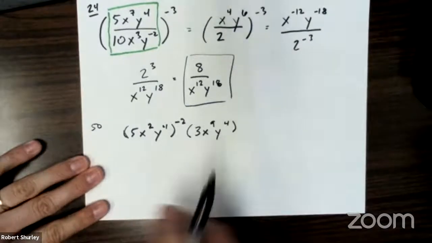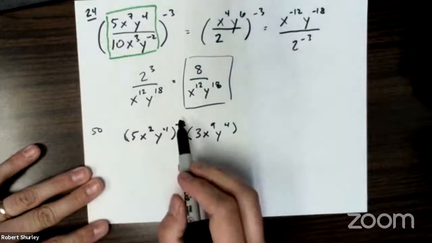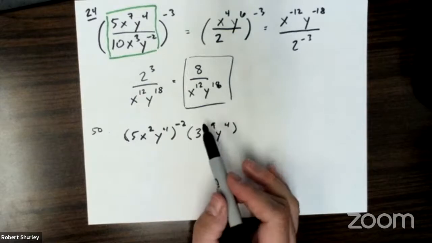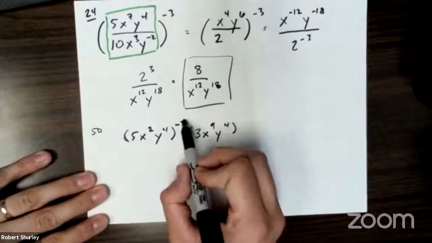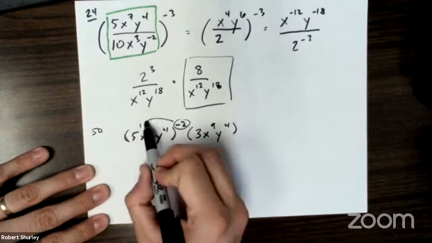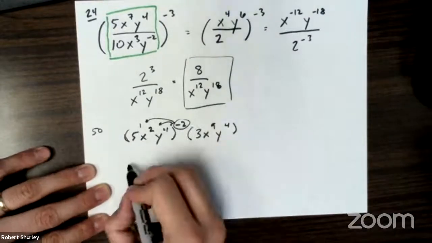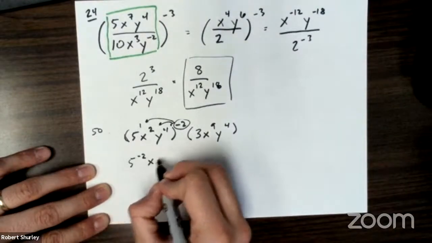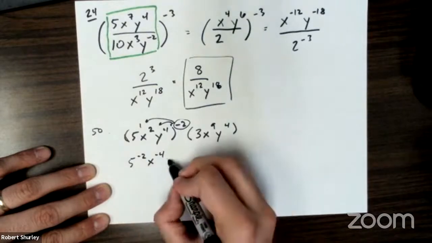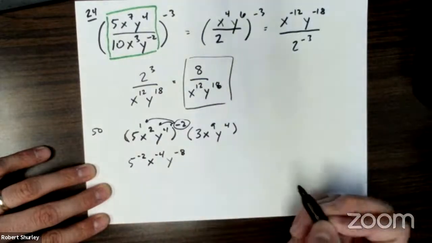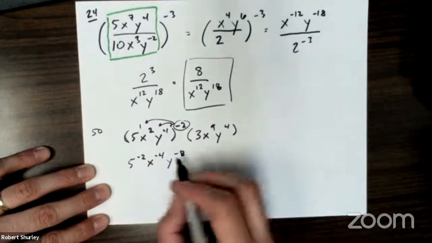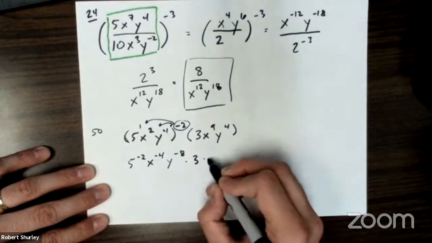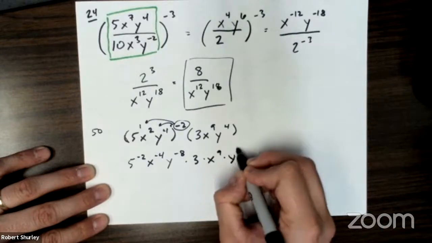But this one is raised to the -2. So if I was going to start this one, I would use, still, please excuse my dear Aunt Sally. I'm going to bring in the -2 to each one of these exponents. So I get 5 to the -2, x to the -4, y to the -8. Now I can drop the parentheses because it's all just being multiplied times 3, x to the 9th, y to the 4th.